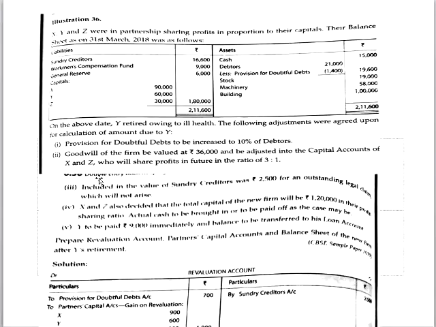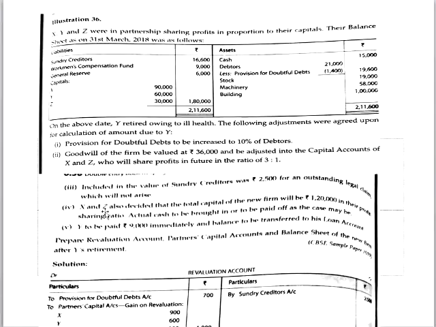So that we will see while preparing the capital account. Next, the third adjustment: included in the value of sundry creditors was 2,500 for an outstanding legal claim which will not arise. It means there is a decrease in the liability by 2,500.